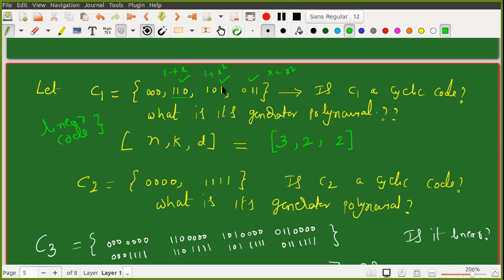So what is the generator polynomial for this code? 1 plus x. You know that the degree of the generator polynomial is 1, so the code dimension is 2, right? The degree of the generator polynomial is n minus k. Please remember that. Is it a self-dual code?